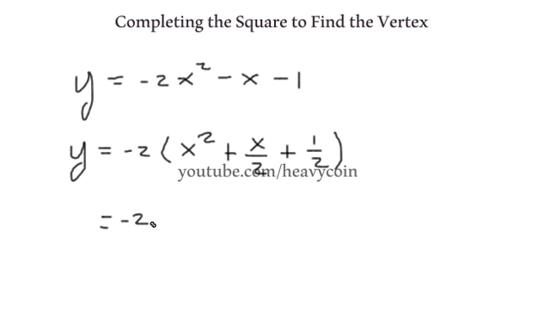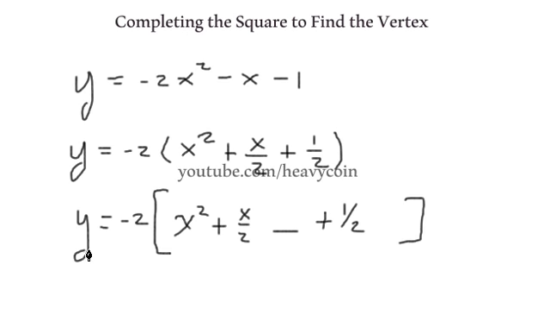And I'm going to actually use a bracket here. So we have x squared plus x over 2. We need to find what the blank is, right? And then plus a half, and figure out what we're going to write there.